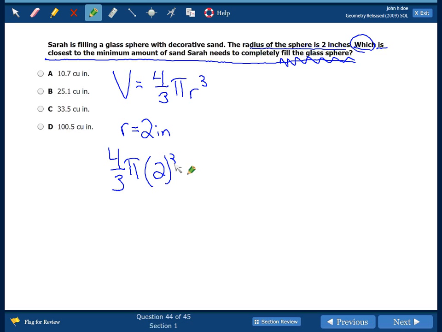And we get an answer of 33.510, and it keeps going on and on forever. So the closest to the minimum amount would be 33.5. So let's go to the last question.